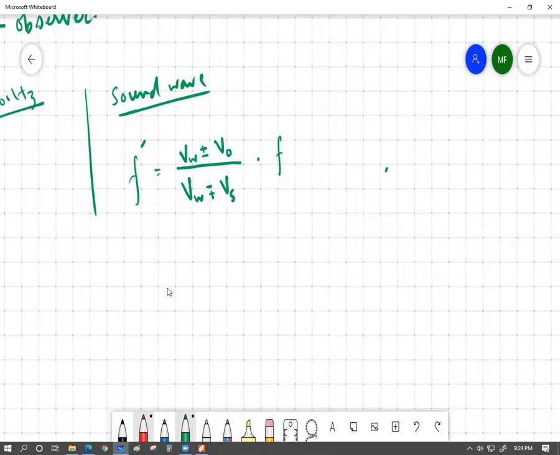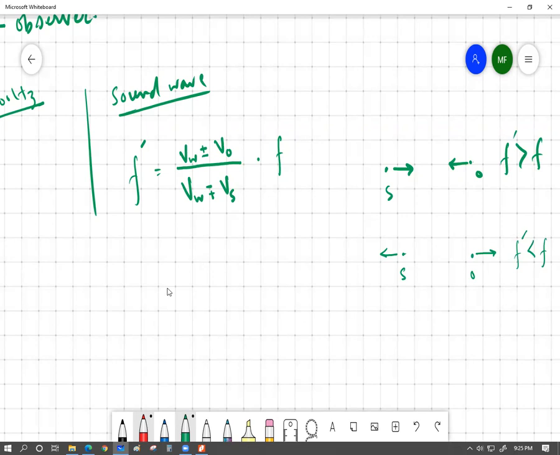Whenever the two things, let's say the source and the observer, are getting closer, and getting closer can happen in two ways: the observer can move toward the source or the source can move toward the observer, right? Either one can happen, and both can even happen simultaneously, no problem. So if this is happening, the observer should experience a bigger frequency than the original frequency, whereas if the source and the observer are getting away from each other, for example the observer is moving away or the source is moving away from the observer, in that case the observed frequency would be less than the original frequency.